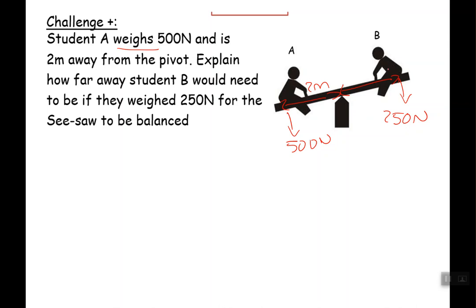So if person B is sat down on this seesaw and they're applying a force here, they're going to be causing the seesaw to turn that way, clockwise. If person A is on the seesaw, they're going to be causing it to turn anti-clockwise. Because the system is balanced, it's in equilibrium, we can say that the anti-clockwise moment is equal to the clockwise moment. Just be careful, because sometimes they will put more than one moment in this, hence why it says the sum of the clockwise and the anti-clockwise.